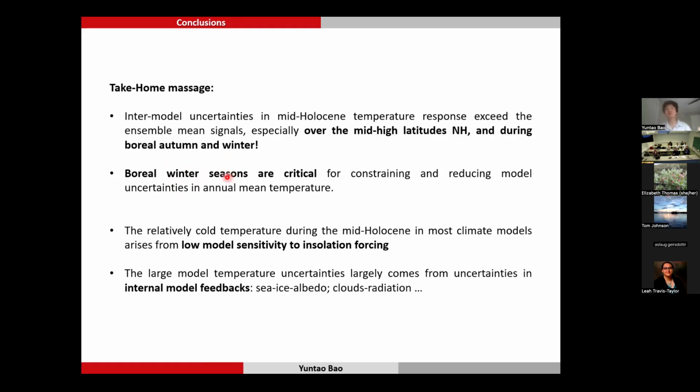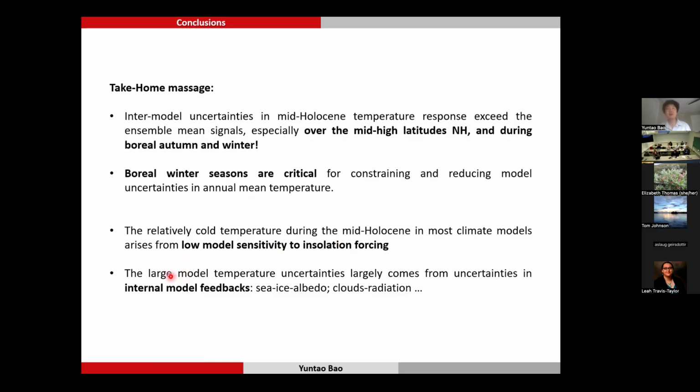For the summer season, we show that models already did a very good job. The third conclusion is that the relatively cold mid-Holocene temperature in most climate models may arise from the low model sensitivity to insolation forcing.